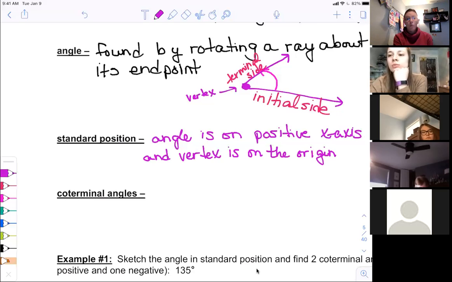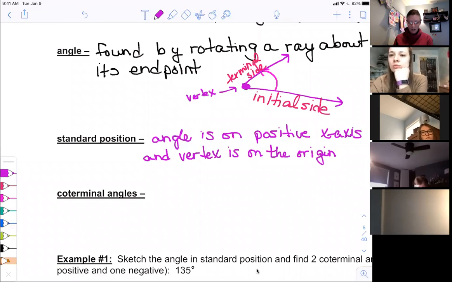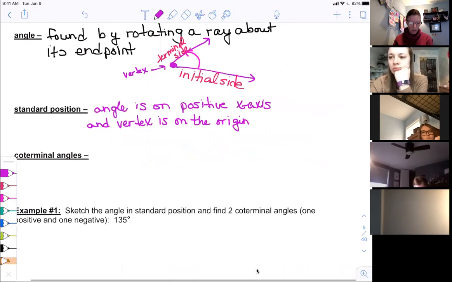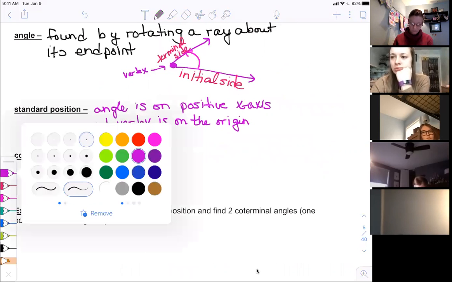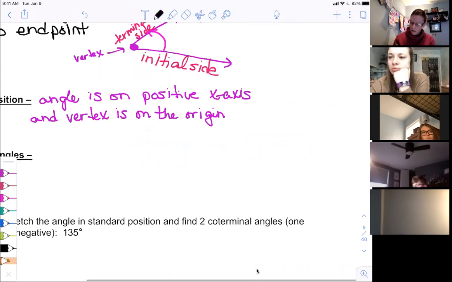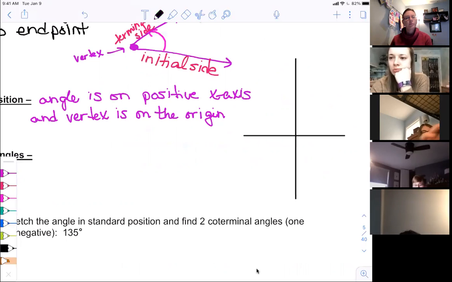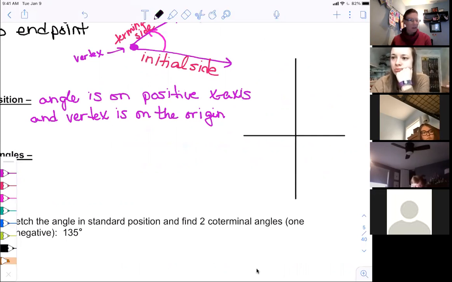So every angle we draw will be drawn in standard position. And we're going to make a little sketch here. Lots of sketches go along with trig. Trig is definitely a spatial form of math, and we'll be drawing lots of pictures to go along with it. So if you learn better from pictures, trig is definitely for you because we have a diagram for everything in trig.